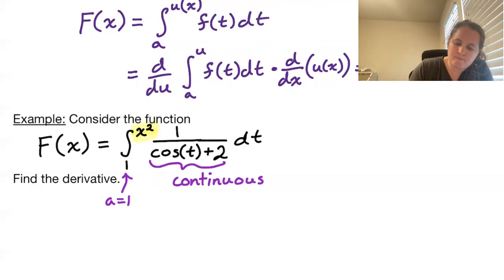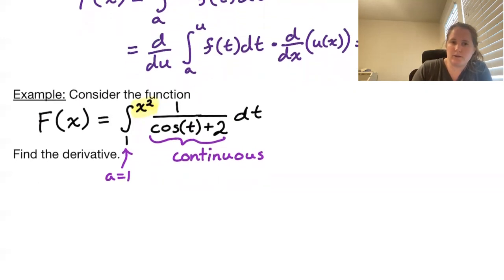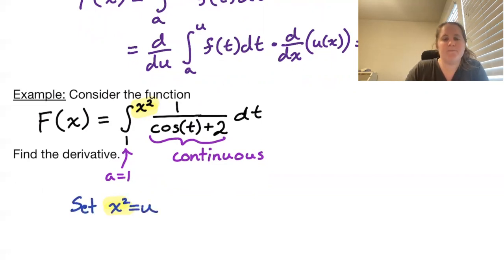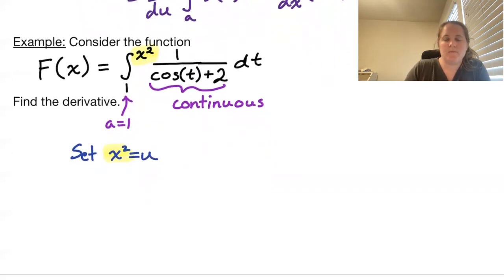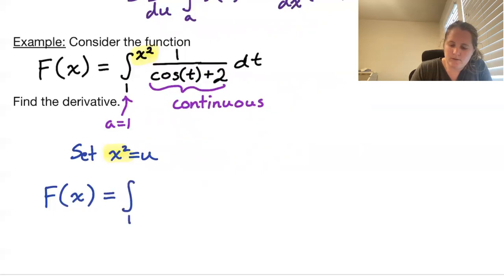Right now we have x squared. And so what we're going to do is set x squared as our u. So what we wind up getting then is F of x is equal to the definite integral from 1 to u of 1 over cosine of t plus 2 dt.